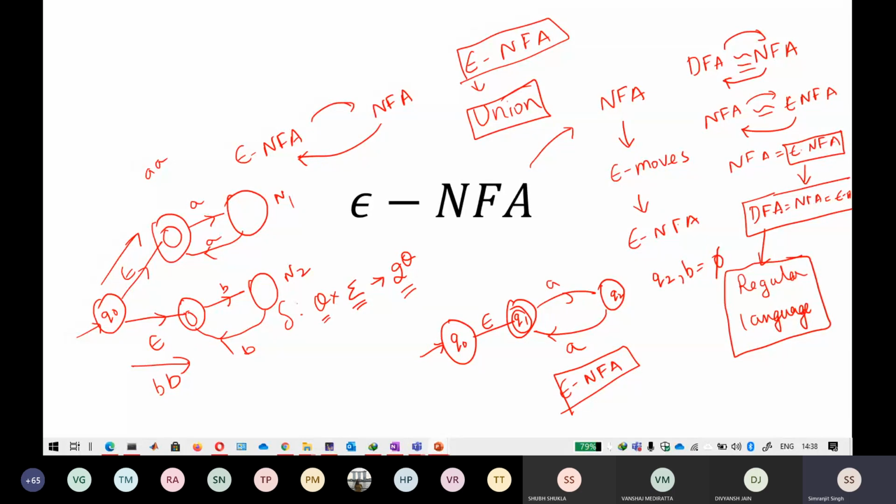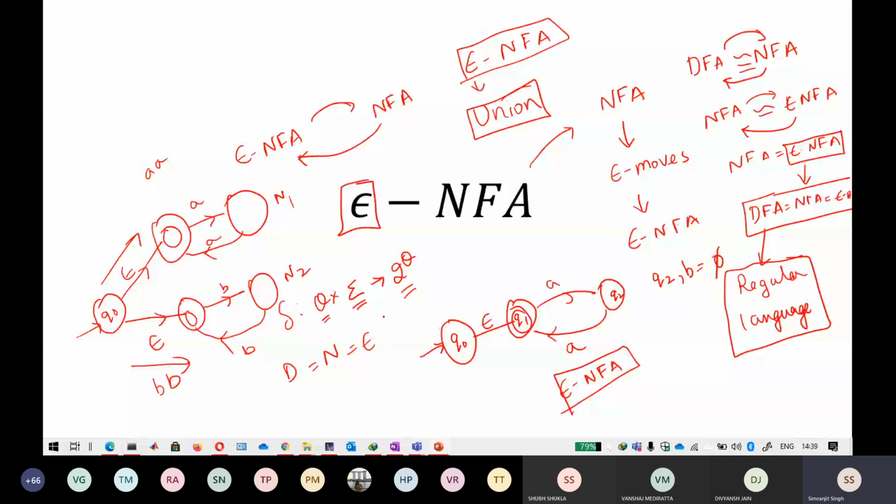If DFA accepts a regular language, NFA will also accept the regular language, and in the same way epsilon NFA will also accept the regular language. By introducing a notation called epsilon, the expressive power of the automata is not increased. Keep that in mind. That is why I am saying DFA, NFA and epsilon NFA are absolutely equivalent to each other. Nobody is greater in power than the others. They are absolutely equal.